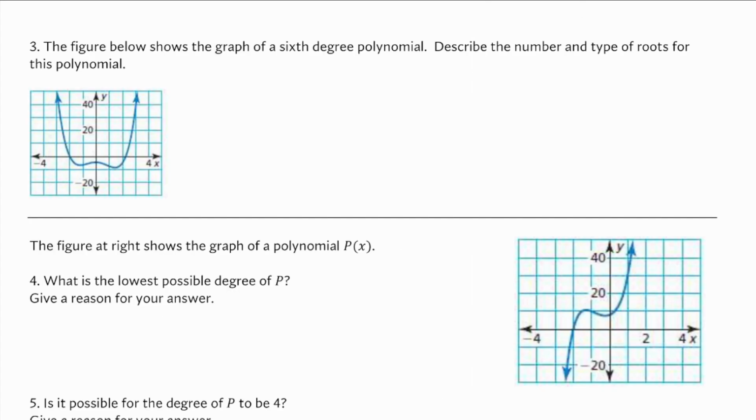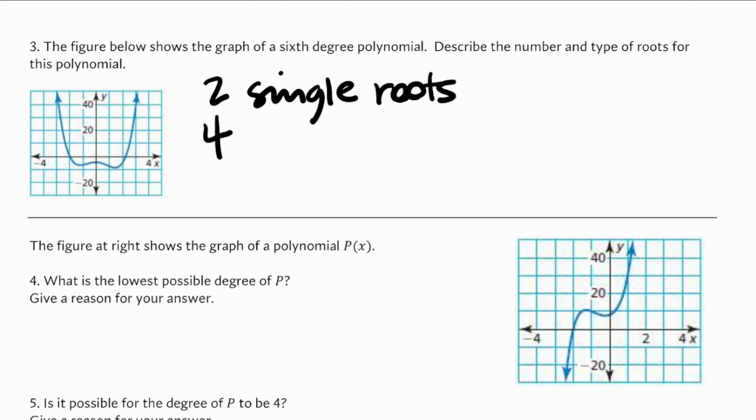All right, number 3 is a 6th degree polynomial, number and type of roots for this polynomial. All right, I'm seeing right there 2 single roots. So if I've got 2 single roots, that leaves 4 roots unaccounted for, so that's going to be 4 imaginary roots.